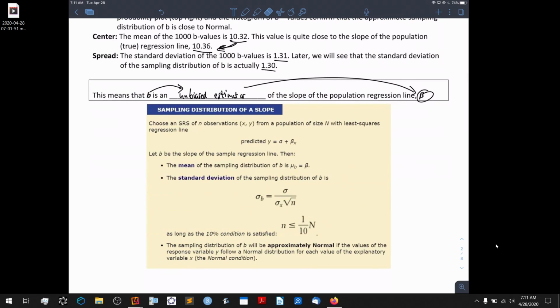All of that was just to establish that we can trust b, the slope of the sample regression line, as a good estimate for beta, the slope of the population regression line.